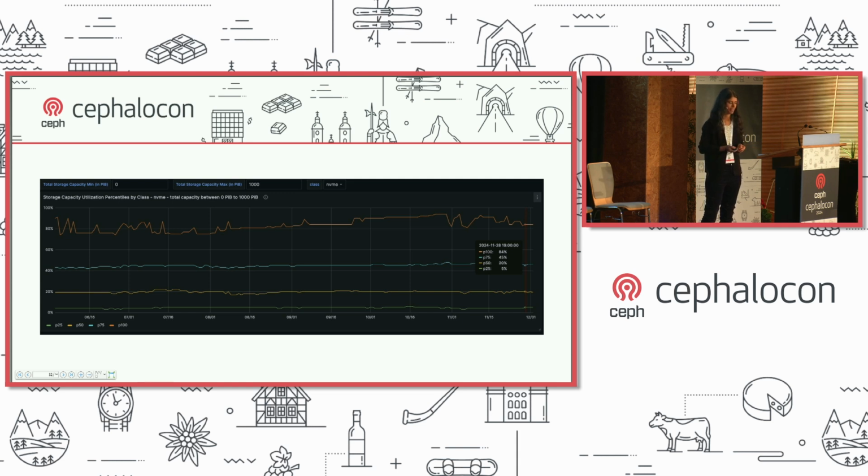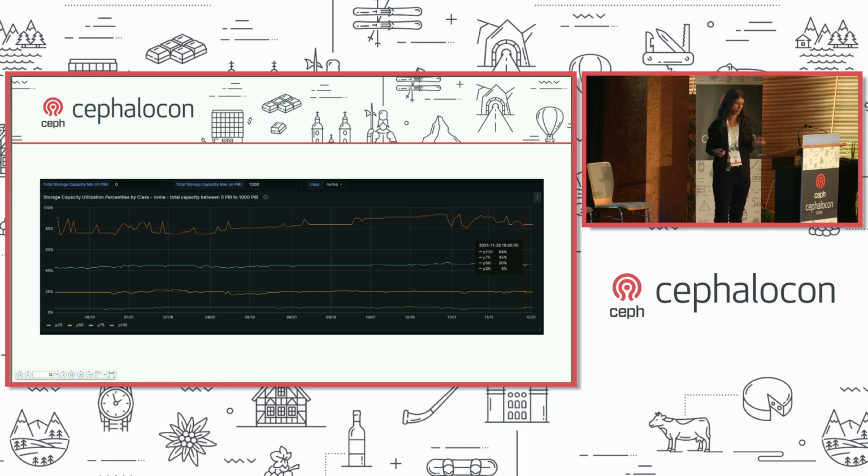We also added a dynamic dashboard to look at the distribution of the storage capacity utilization according to storage class and cluster size. So if you want to know how much the disks are utilized according to their storage class.